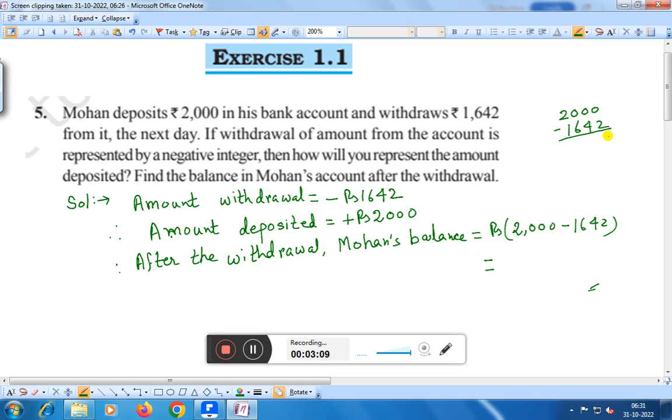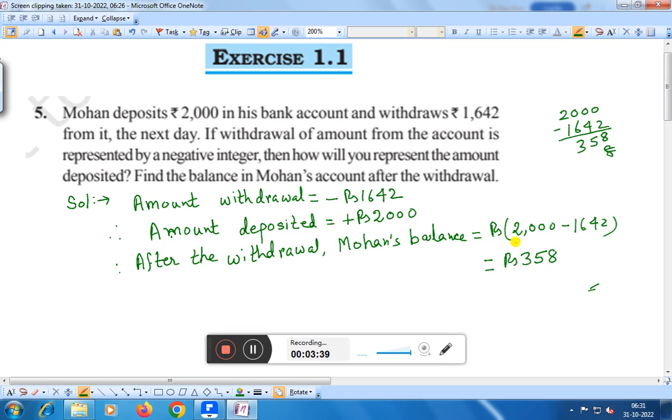Carry 1, it is 8, carry 1, 4 plus 1 is 5, carry 1, 6 plus 1 is 7, 3 is 10, carry 1, 1 plus 1 is 2, 3, so 358. Right? Therefore, the balance is rupees 358. Right? That's the question.